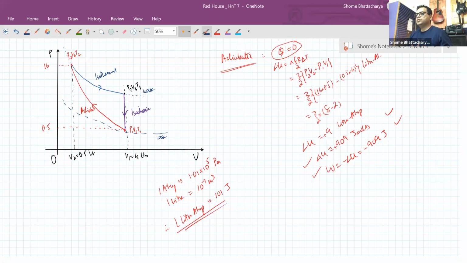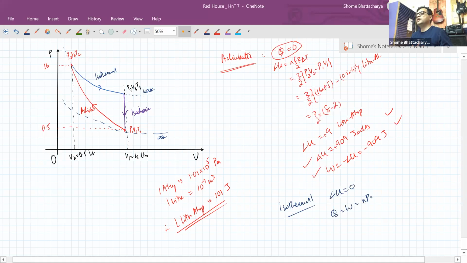All right, now the second process is isothermal. So in that, what is happening? Our delta U is 0. So Q is equal to W is equal to nRT natural log of final by initial. So we can write nRT as just P2 V2 or P3 V3, whatever.